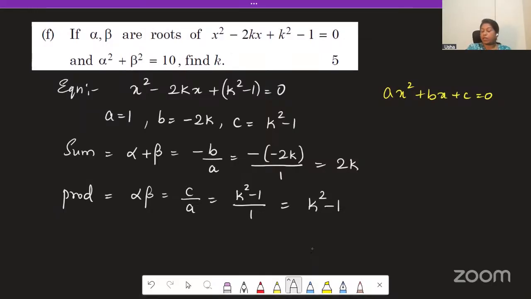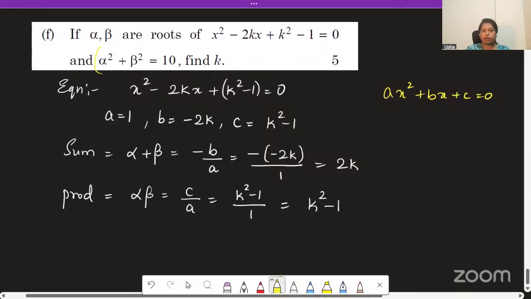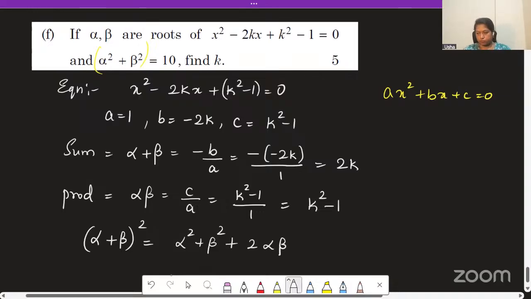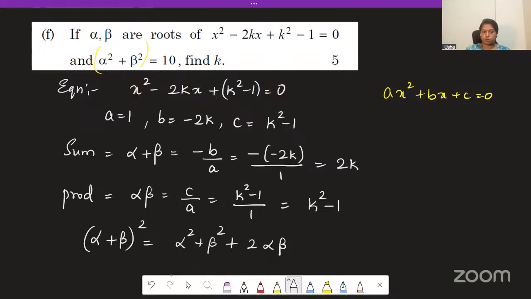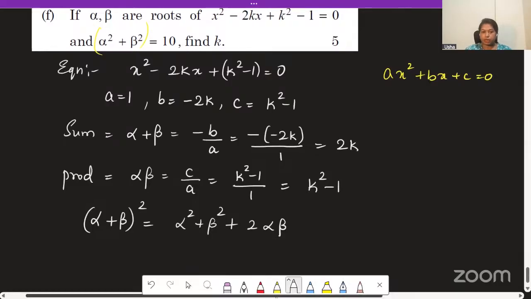Now they have given alpha square plus beta square is 10. We'll use the formula alpha plus beta whole square. A plus b whole square formula is a square plus b square plus 2ab. Got it, everybody? Instead of a and b, I have used alpha and beta. Now, this alpha plus beta is nothing but the sum, which is 2k.